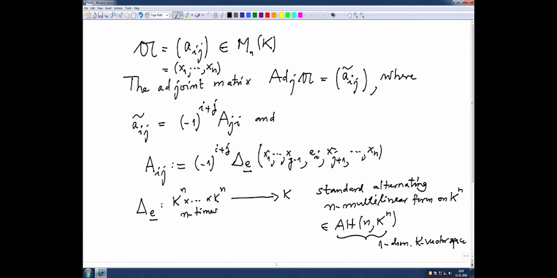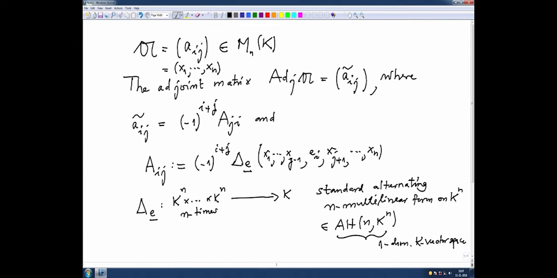You take the standard determinant function and at the jth position you put the standard ith vector and evaluate the standard determinant function there, and this value is some scalar. Last time I showed you why this (-1) power i plus j occurs.